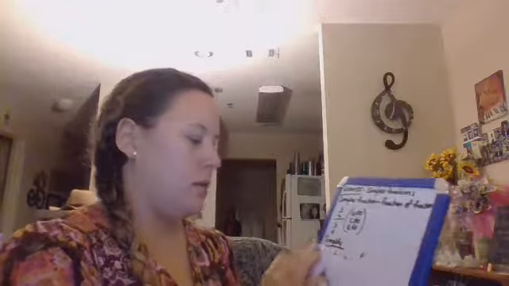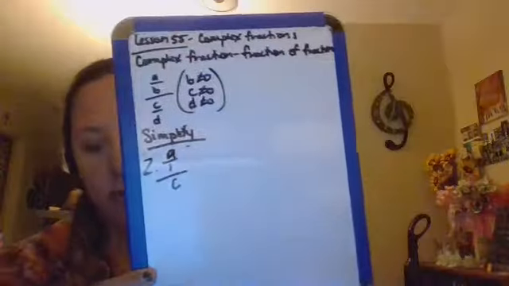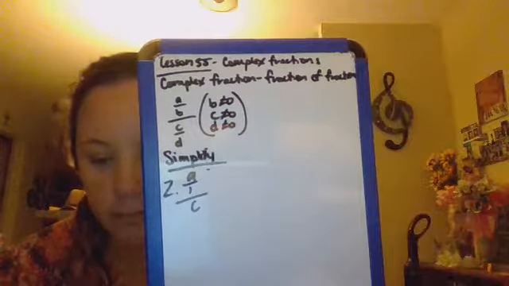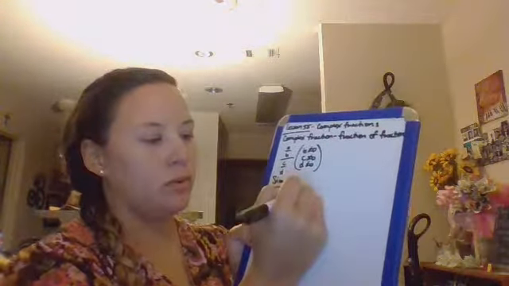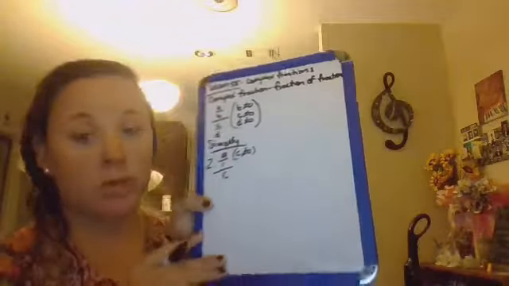All right, so then we will do another. We're going to have A over 1 over C, and C is not equal to 0. So we multiply it first by the reciprocal of the denominator.